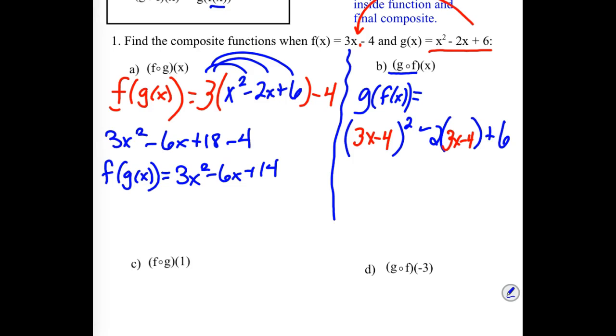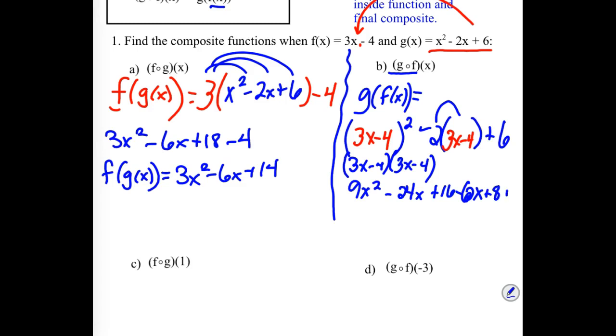Okay. On the other side, we have to square 3x minus 4. So picture foiling that out. What are we going to get? Nine x squared minus 24x plus 16. Okay. Then distributing our negative 2, we've got negative 6x plus 8, and then a plus 6 on the end.